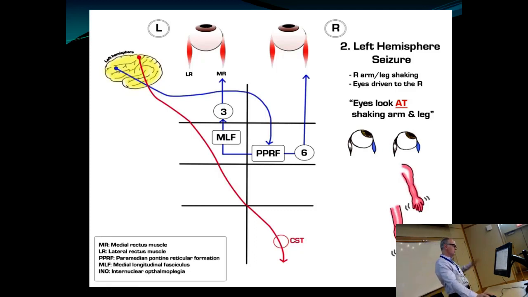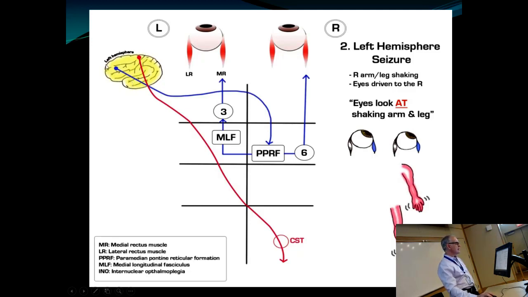In this case, since the drawing is showing you the left hemisphere, if we have a seizure starting in the left hemisphere, it's going to stimulate, drive these pathways. So with regards to the corticospinal tract, if you excite this pathway, you're going to get shaking on the opposite side of the body.